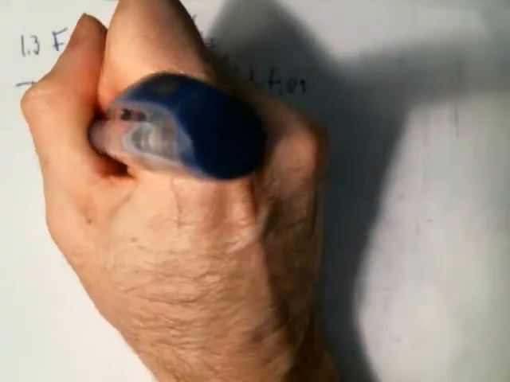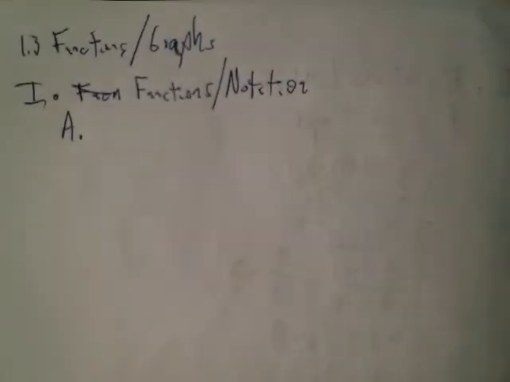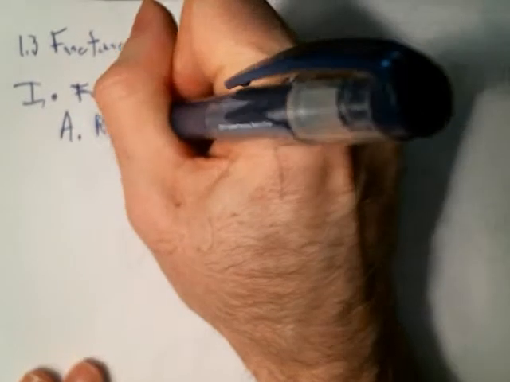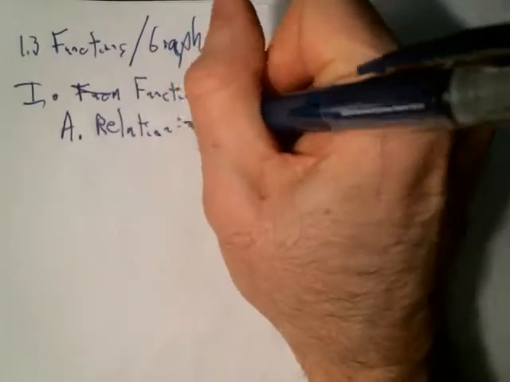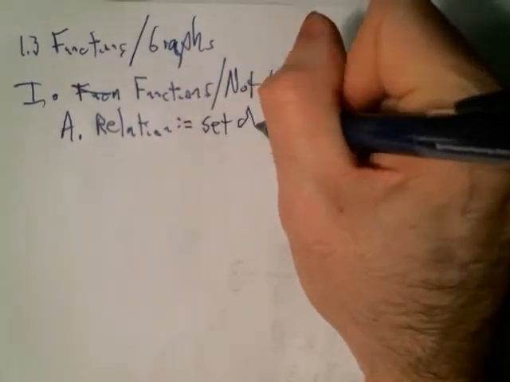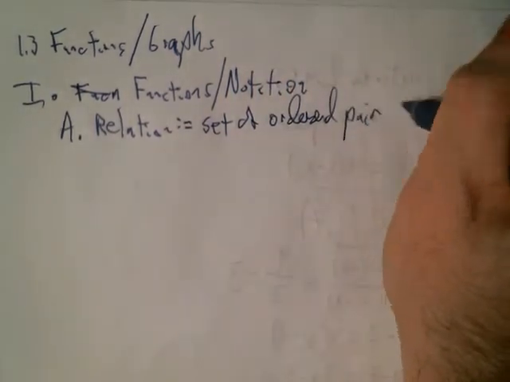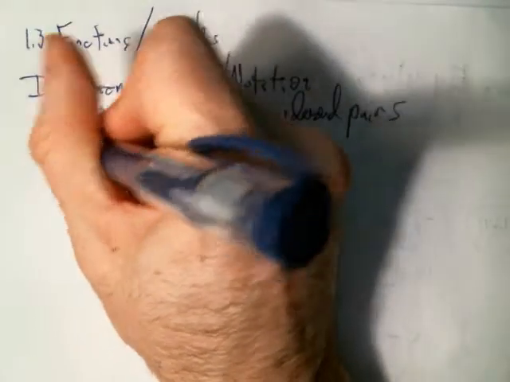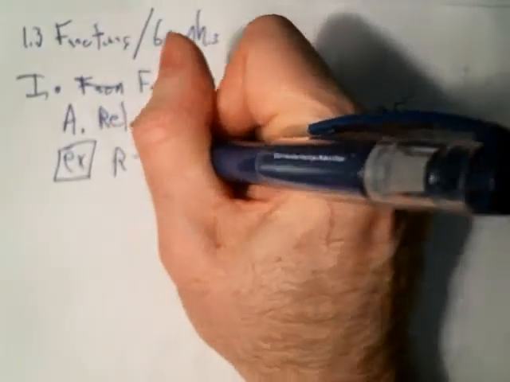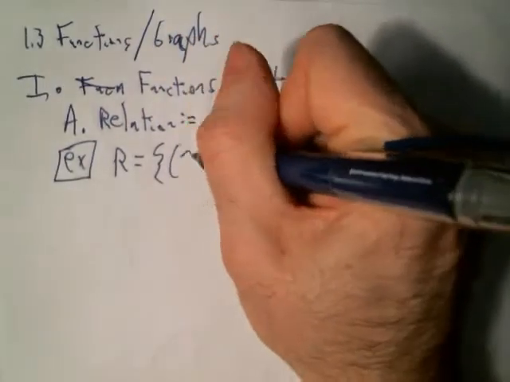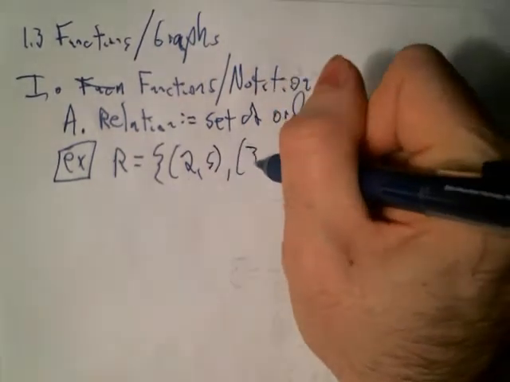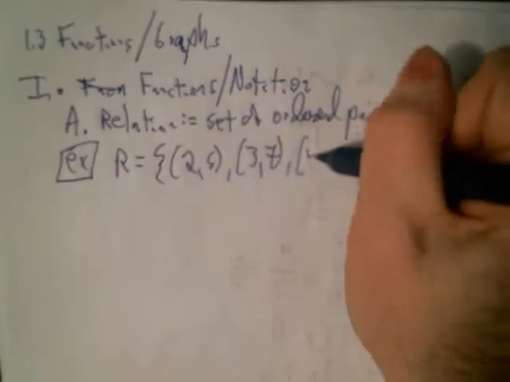And we begin very simply with just what a relation is: a set of ordered pairs. For example, we could literally write out what our relation is that we want. So let's say (2, 5), (3, 7), (4, 9).